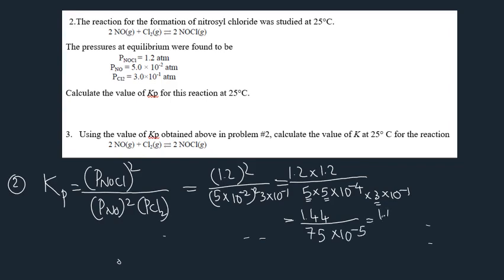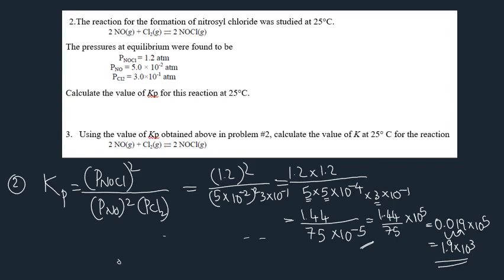That equals 1.44 divided by 75. I'm taking the 10 to the power negative 5 from the denominator to the numerator, so that will be 10 to the power 5. When you simplify, you get 0.019 times 10 to the power 5, and when you move the decimal to change it to scientific notation, it will be 1.9 times 10 to the power 3.